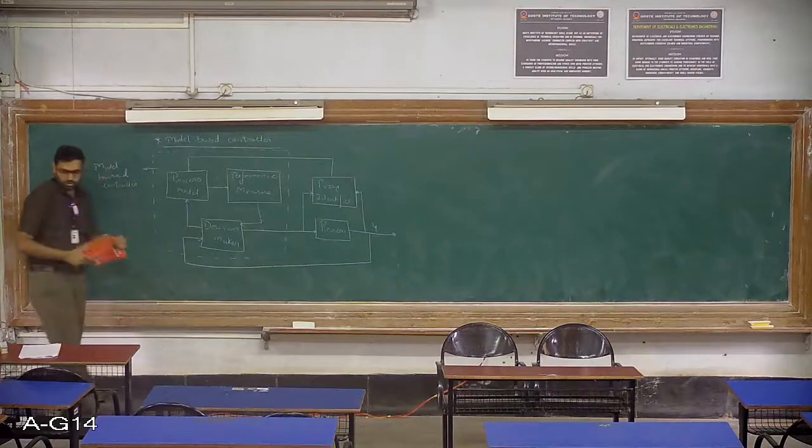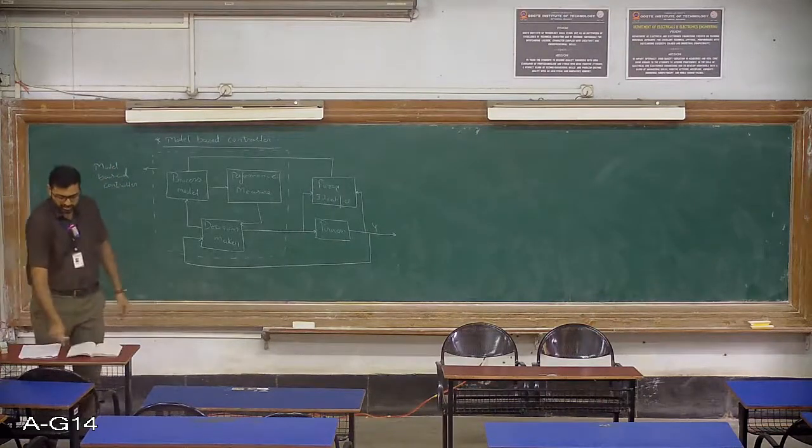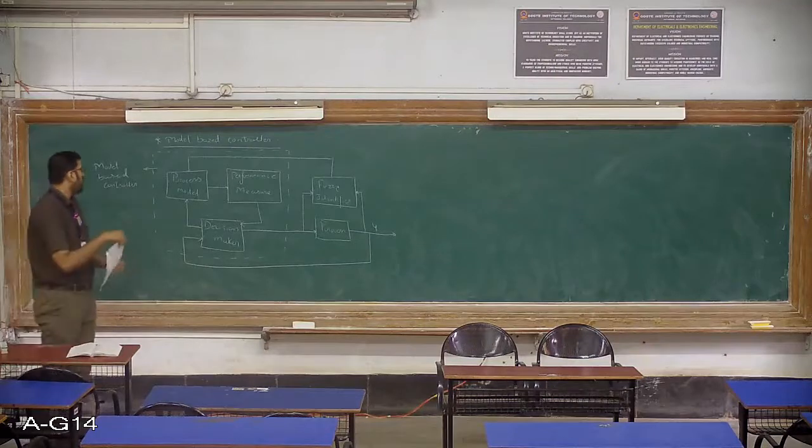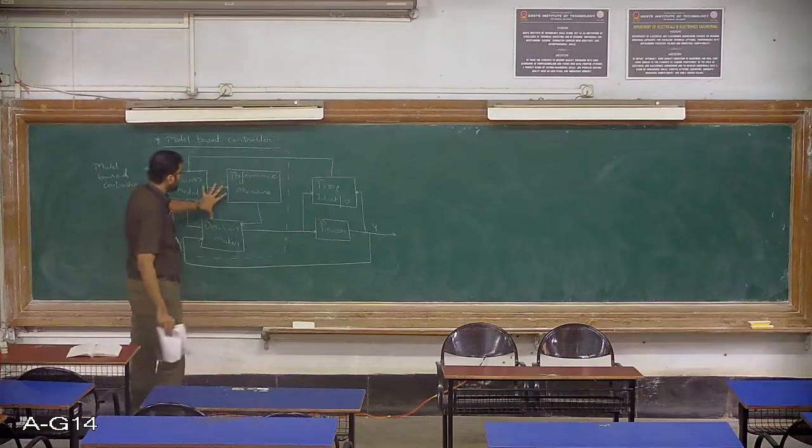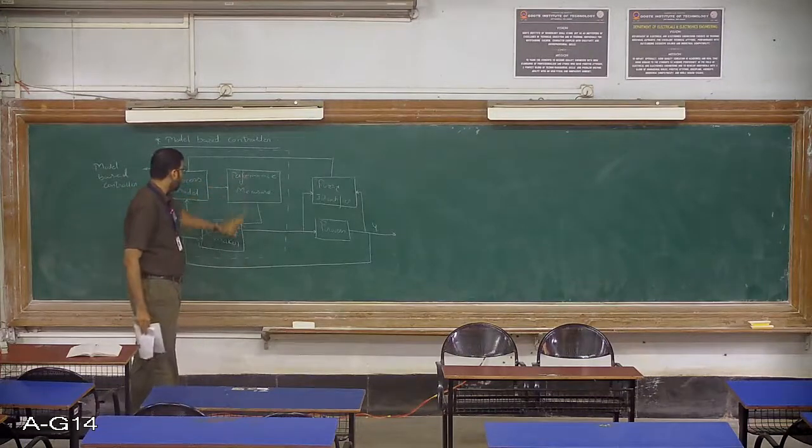This is the block diagram for the entire system, wherein there are three parts in this model based controller: process model, performance measure, and decision making.